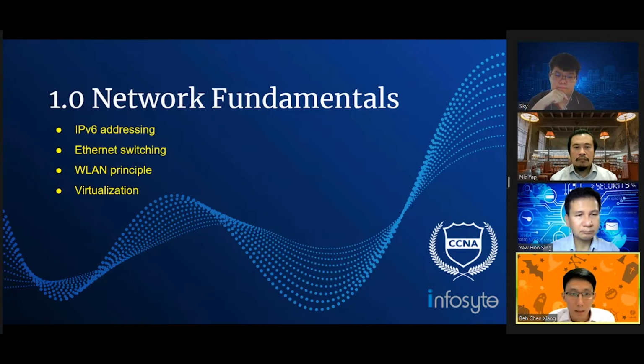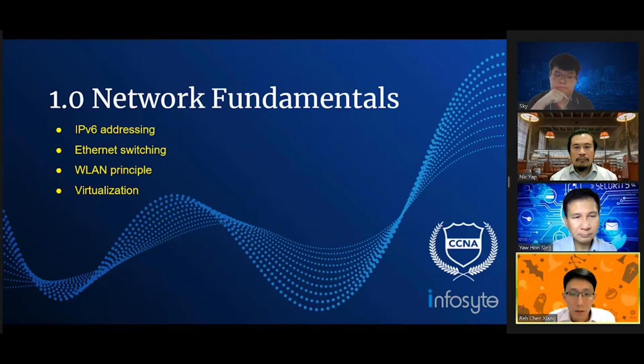For the last topic in module number 1, we also cover virtualization. This will be about the hypervisor, physical machine, guest machine, guest OS.